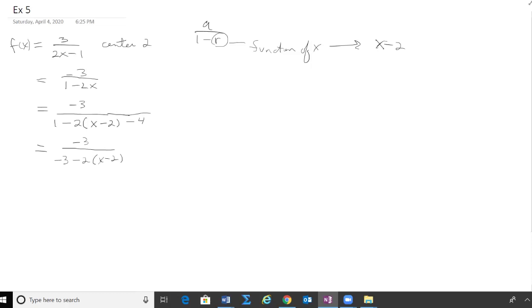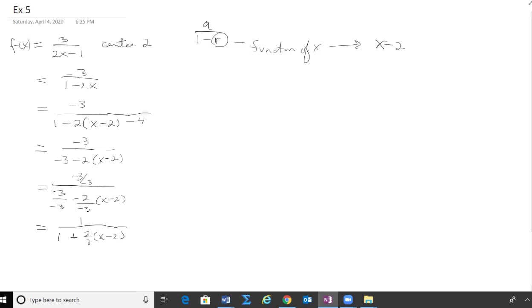All right, well, now that ruined the 1 here, so I'll fix it by dividing everything by negative 3, so you'll have this. Okay, and that becomes 1 over 1 plus 2/3 and x minus 2, like that.